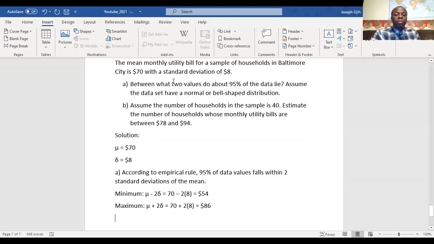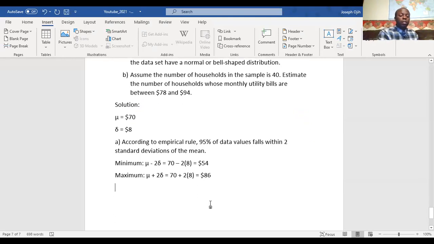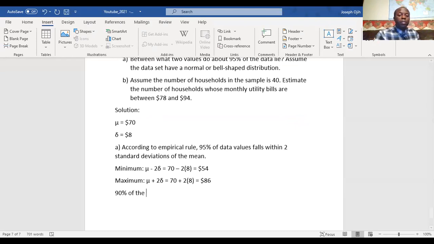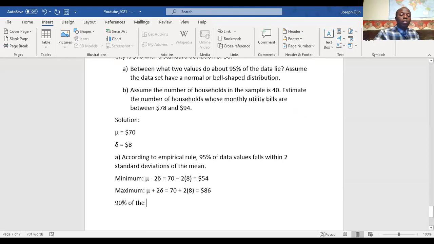So that means that, because the question was asking us between what two values does 90% of data value lies, about 90% of the bills, of the monthly bills, lies within $54 to $86.